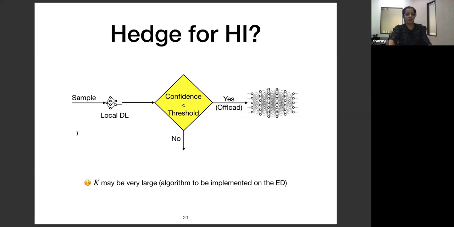The second issue with implementing hedge on an end device is that the set of candidate threshold values, which is the set of experts, can be very large. And to address this limitation, we try to minimize the size of this set by exploiting the structure of the problem.